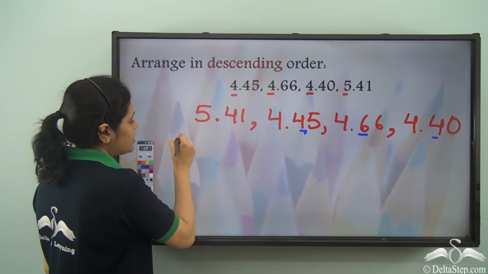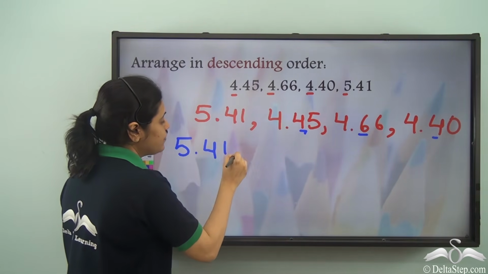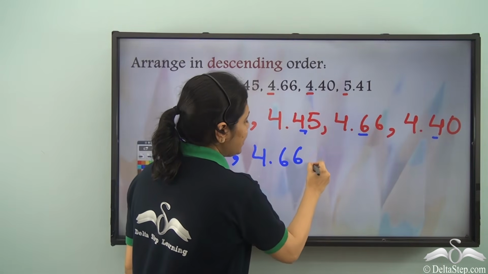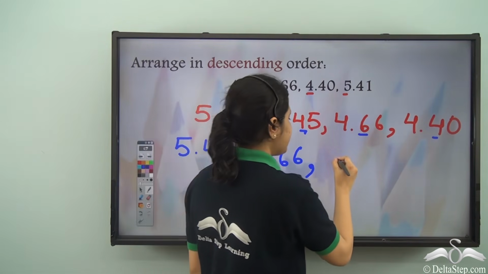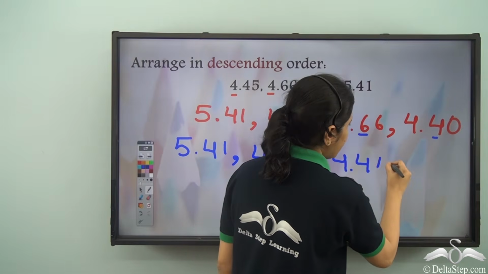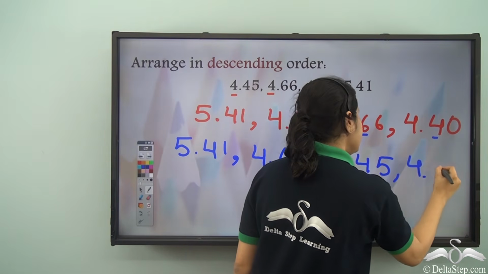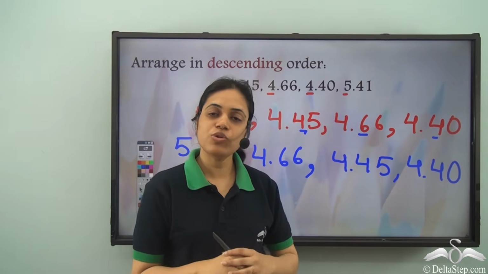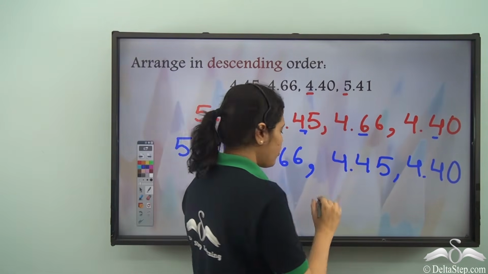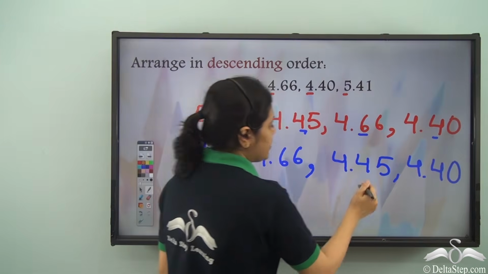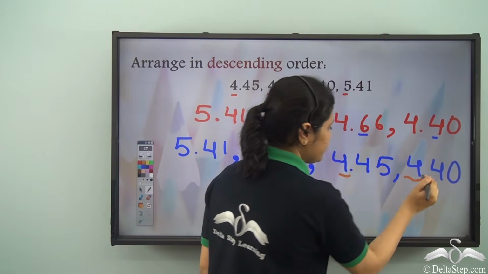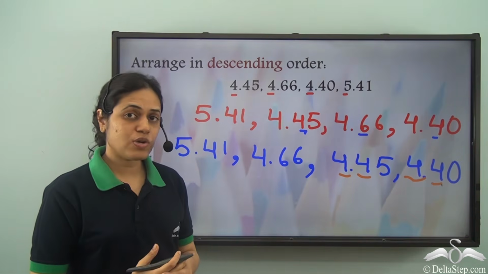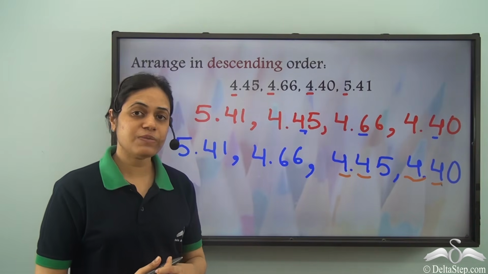So now I can write it as 5.41, 4.66 and let us write these two as they are, 4.45 and 4.40. Now we need to compare these two numbers. So we have already seen that the tenths digit is equal. So I need to compare the digits in the hundredths place.